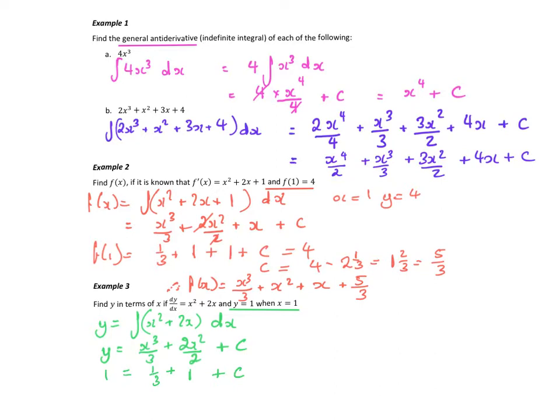Bring the third over, so we get minus 1/3 is equal to c. Final answer, therefore, y is equal to x cubed on 3 plus the 2's cancel out, so we've just got x squared, and the c is minus 1/3, so it's minus 1/3. And that is y in terms of x.